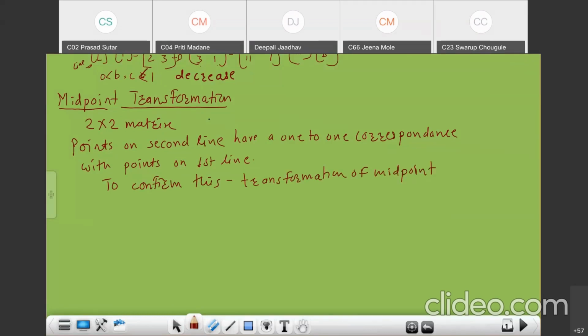Okay. So here we are going to show that the midpoint of the first line corresponds with the midpoint of the second line or transformed line. That we are going to prove here.